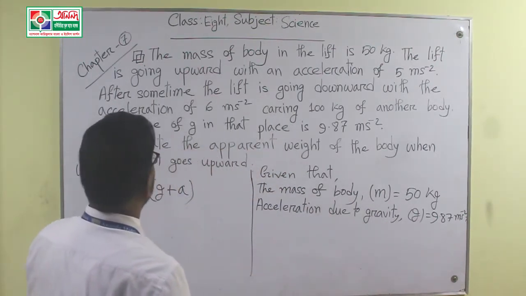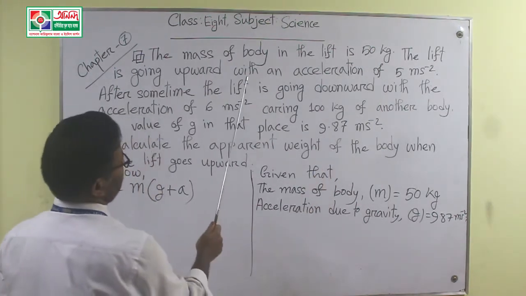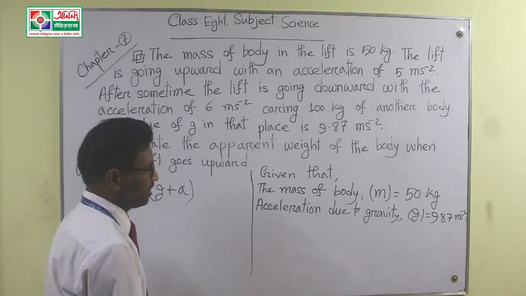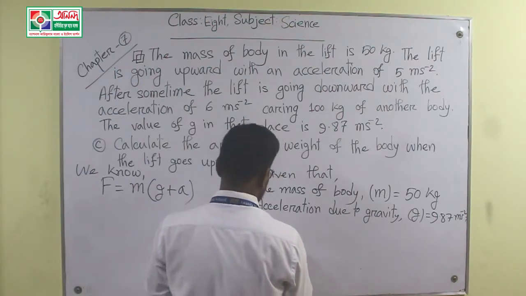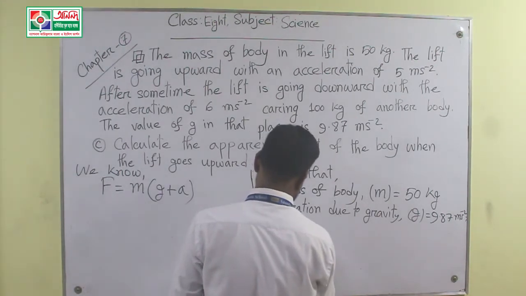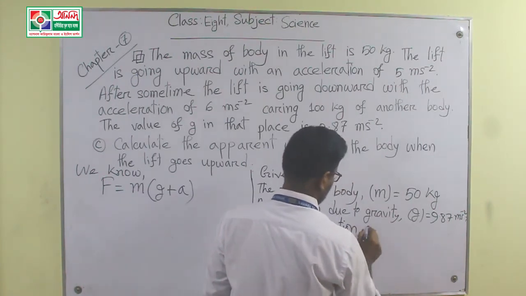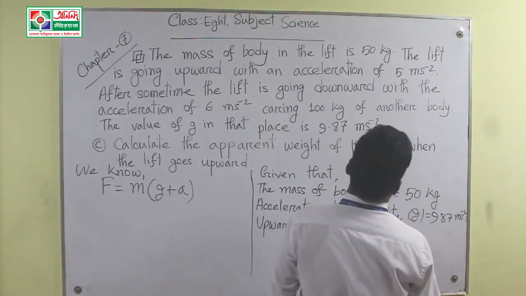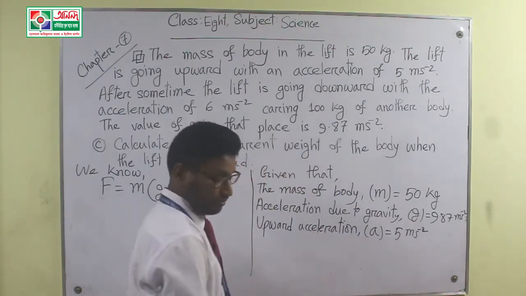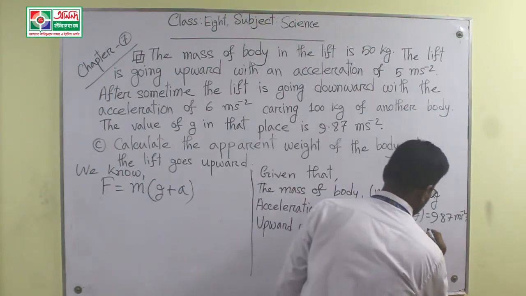Another, the lift is going upward with an acceleration of 5 meter per second square. That means the upward acceleration, small a, equals 5 meter per second square.